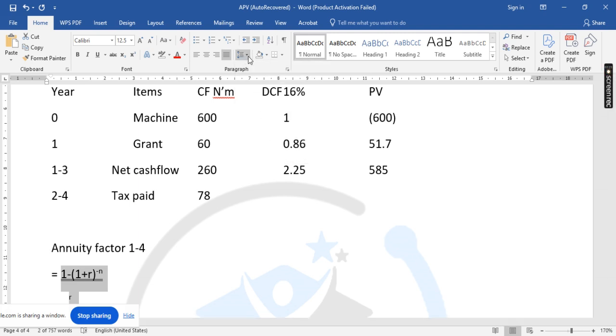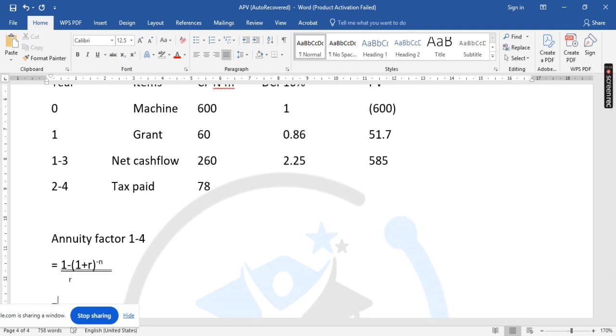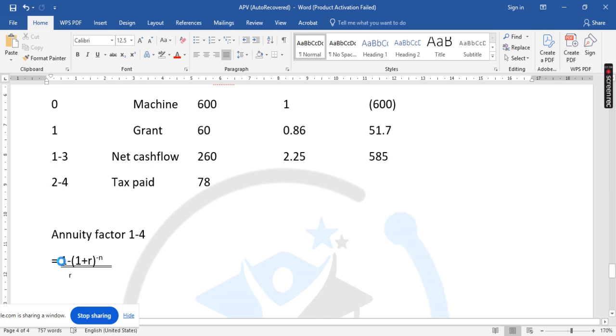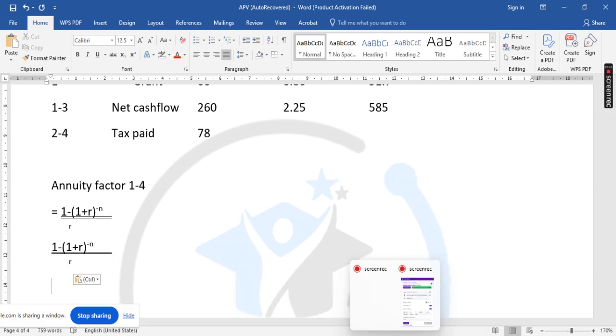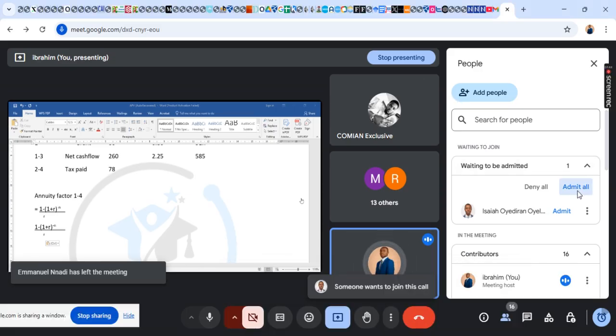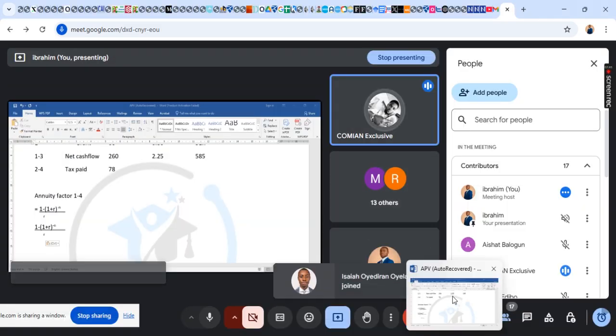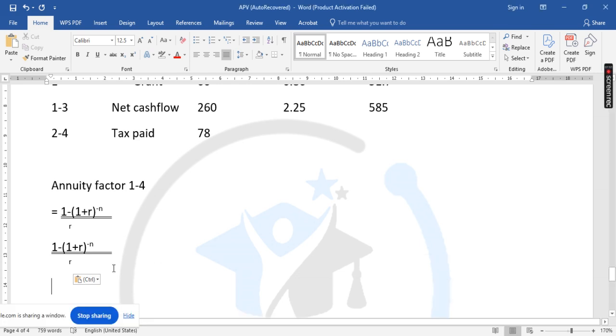So what is the annuity factor from year 1 to year 4? So now 1 minus 1 plus R. The discount rate is 0.16, it's 16%, class. 16%.